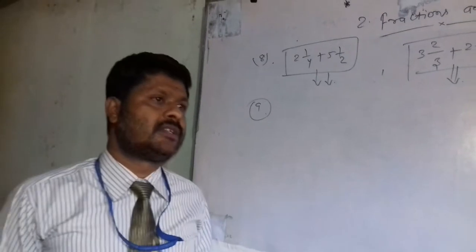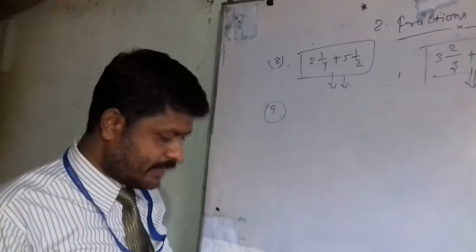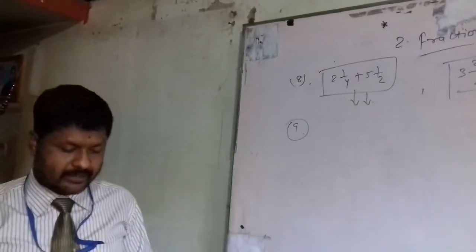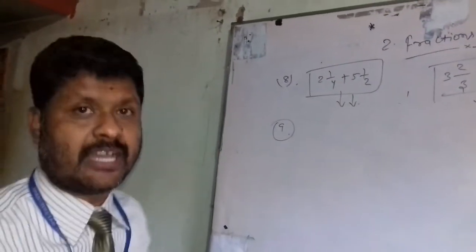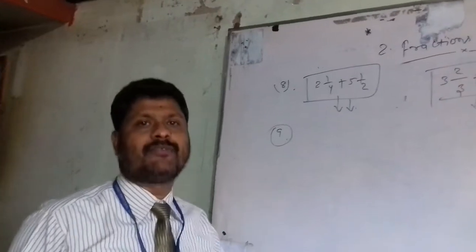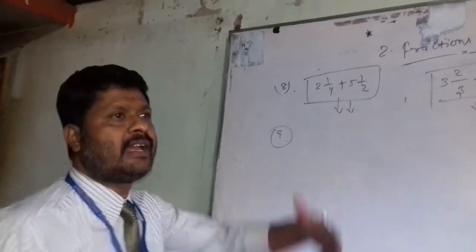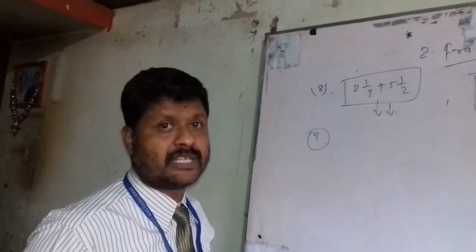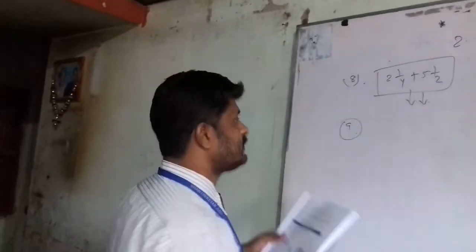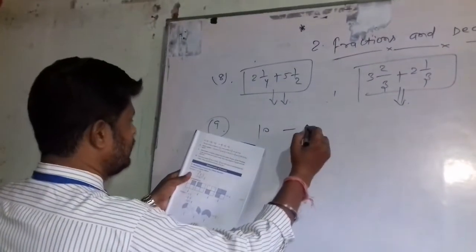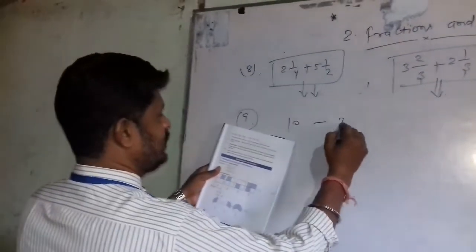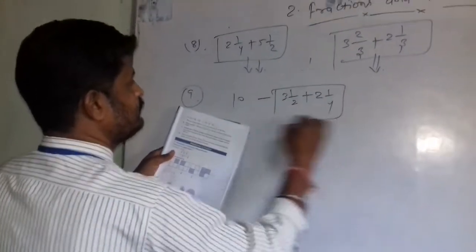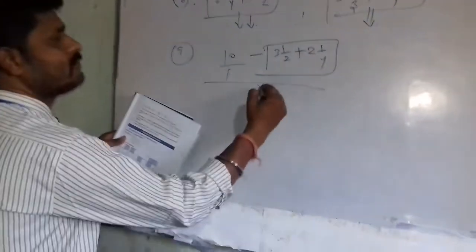That means the 3 whole 1 by 2 given to Punita and the 2 whole 1 by 4 given to Anita must be added first. After this, we have to subtract from 10 kg, and then you get your answer. That means 10 kg minus the sum of 3 whole 1 by 2 plus 2 whole 1 by 4, and then you have to solve this.